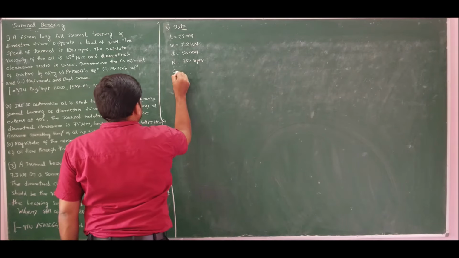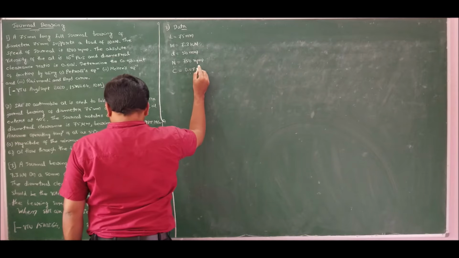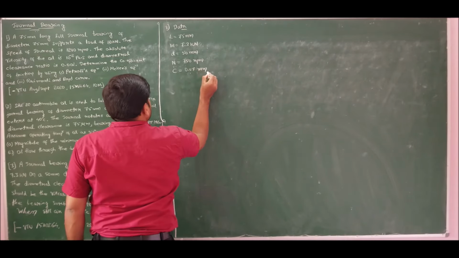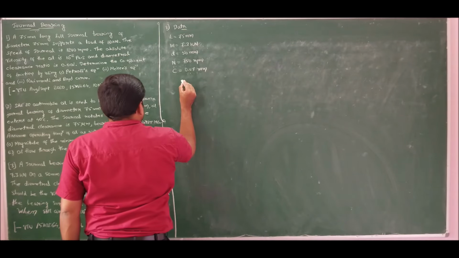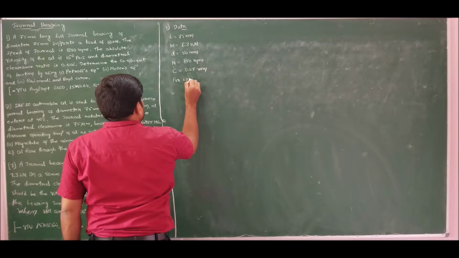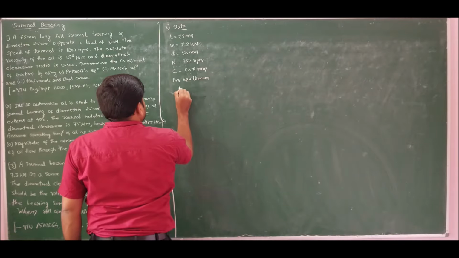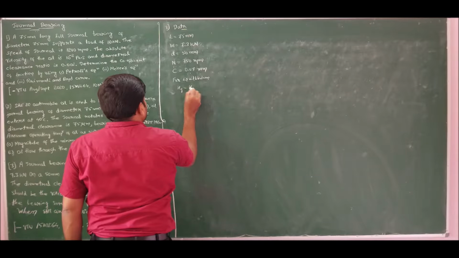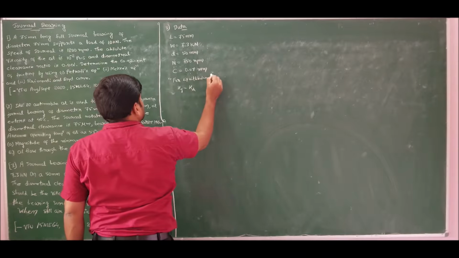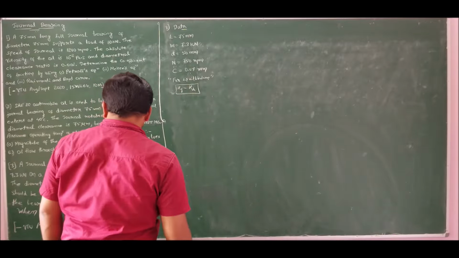The diametrical clearance is 0.07 millimeter. So for equilibrium, heat generated should be equal to heat dissipated. This you people should know. For equilibrium, heat generated should be equal to heat dissipated.